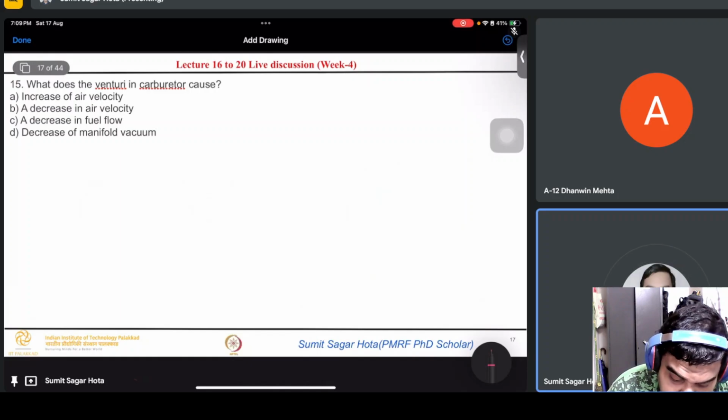Because of this carburetor and venturi, there will be very good mixing of the fuel and oxidizer, and the engine will work very properly. That's the idea of the carburetor.